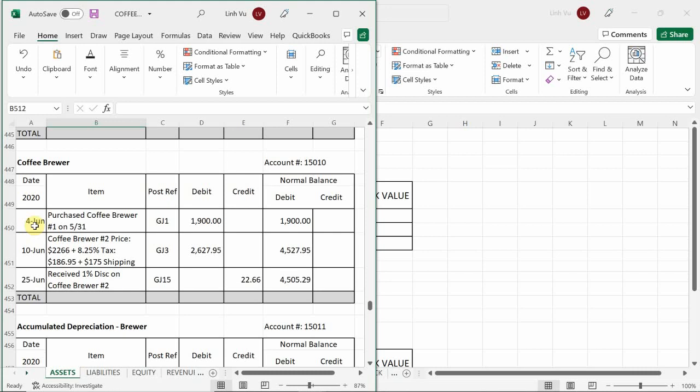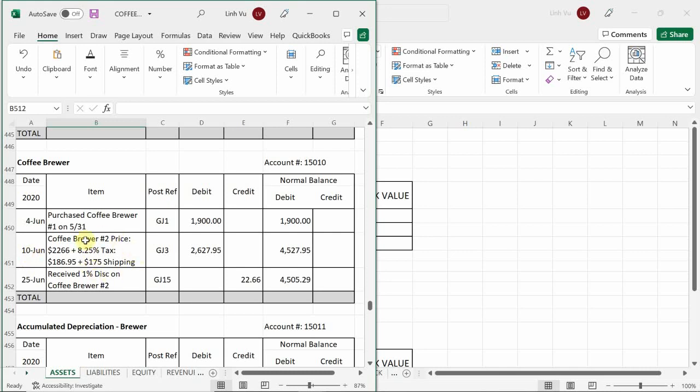So you would definitely plug it into the wall and make sure it works the day that you purchased it. Same thing when you purchase the second coffee brewer: you have to test to make sure it works. So the day that you purchased it is the day that you placed it into service. The first one was the 31st of May, and the second one we established on June 10.